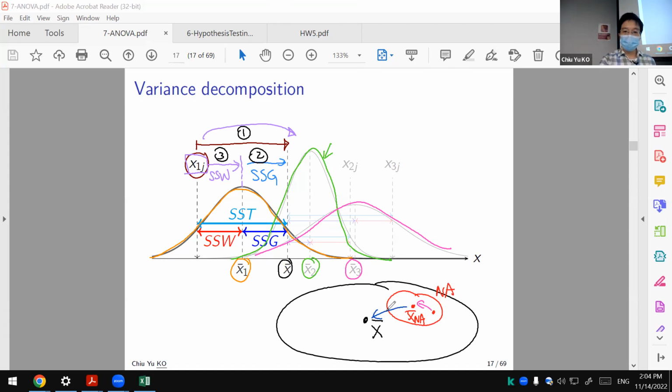Or you can directly go there, and it tells you that they're the same. You can go either way. Is that clear? So the variation can be decomposed into two parts: the variation within group and the variation between group. Is that clear?